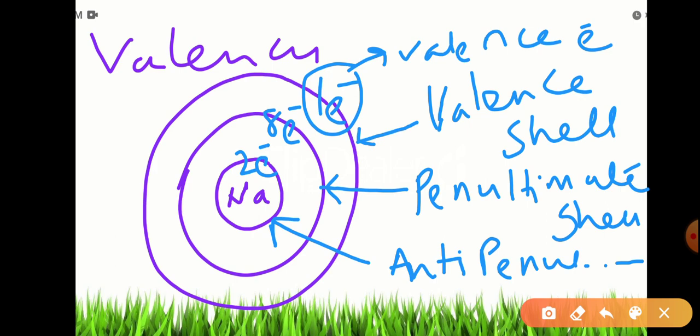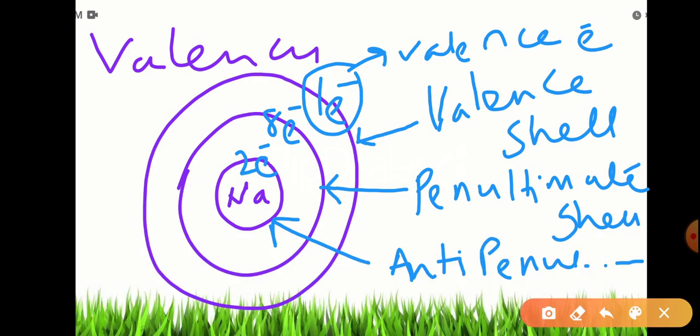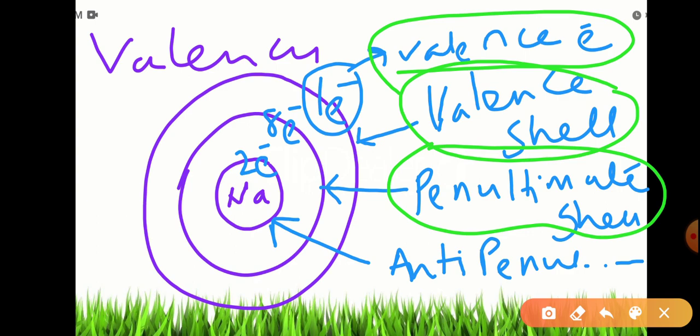So what is the valence shell? Basically the last shell of an atom is called the valence shell. The electron contained in the valence shell is called the valence electron, and the next shell beneath the valence shell is called the penultimate shell, and the next shell, very close to the atom's nucleus, is called the antipenultimate shell.